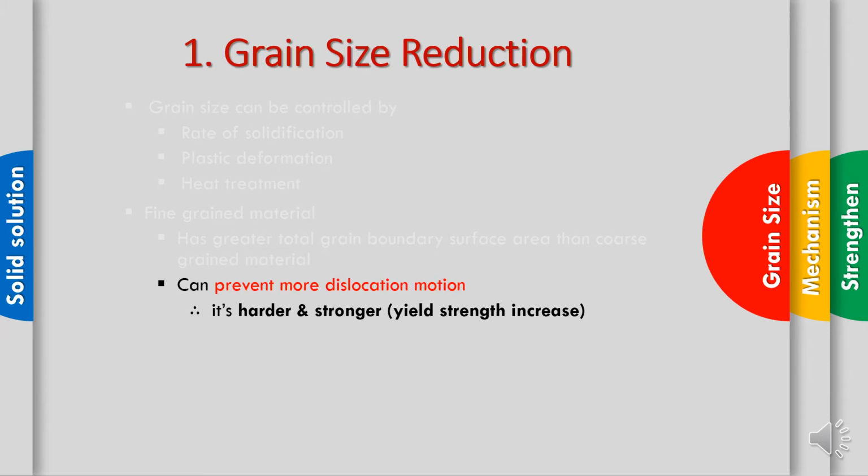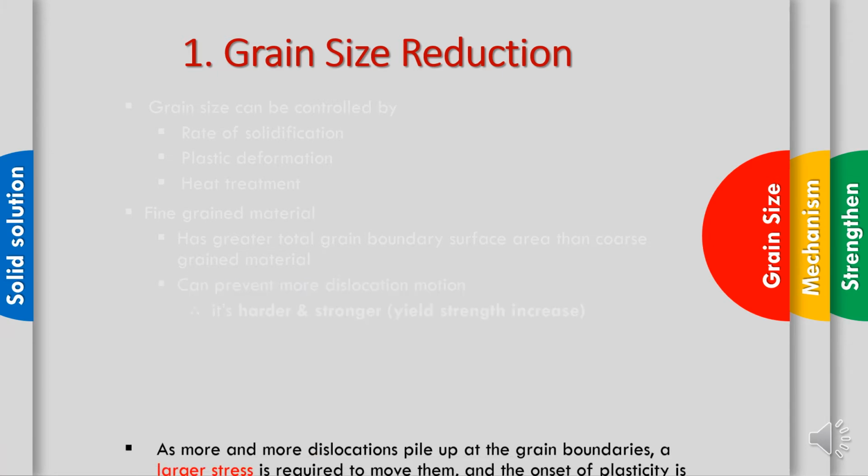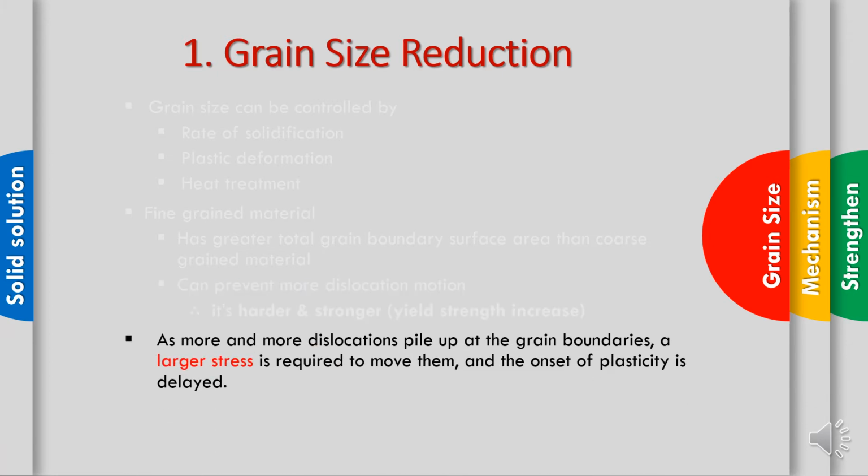If you look at the stress strain curve, it will increase a little bit more, and finally it will make a material harder and stronger. As more and more dislocations pile up at the grain boundaries, a larger stress is required to move them, and the onset of plasticity is delayed.